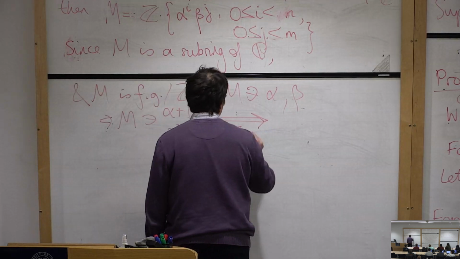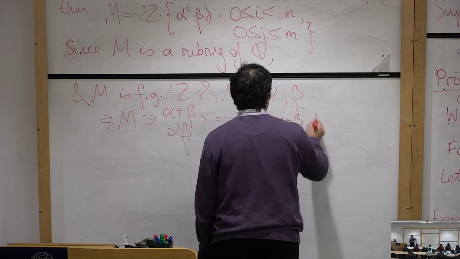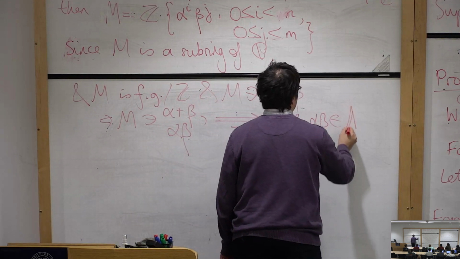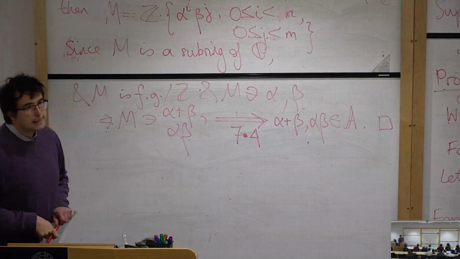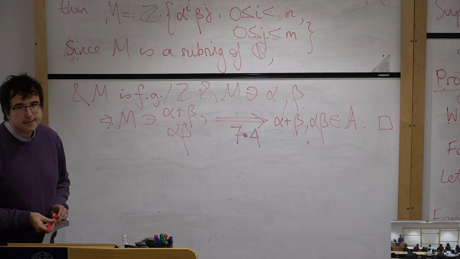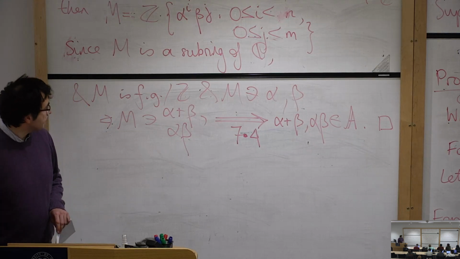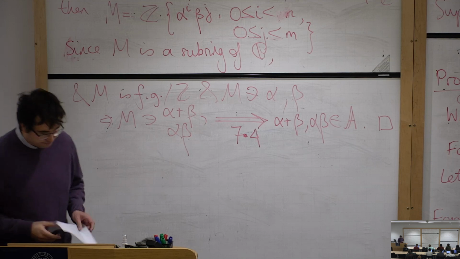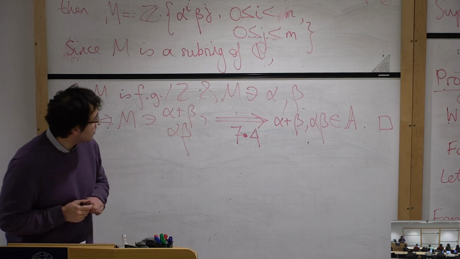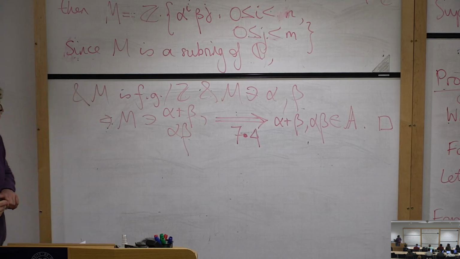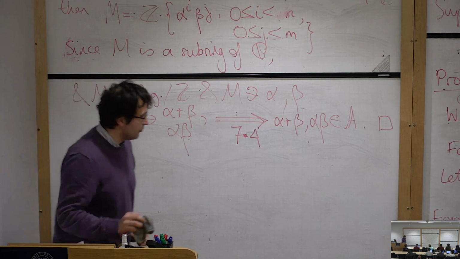So you can apply 7.4 to get alpha plus beta and alpha beta both algebraic integers. Any questions? Good. So that's all I'm going to say about algebraic number theory. It's an important fact that algebraic integers form a ring.